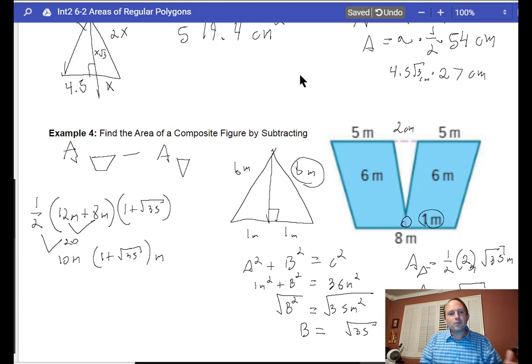Now we're going to use the distributive property and understand we're going to multiply this and this and this and this. So we'd get 10 plus 10 radical 35 meters.